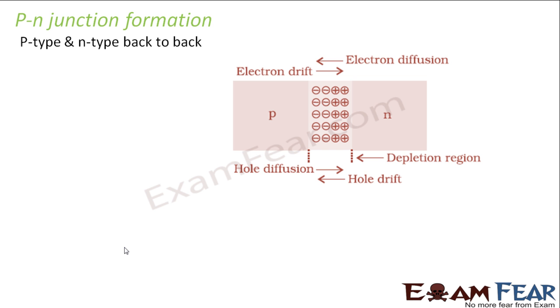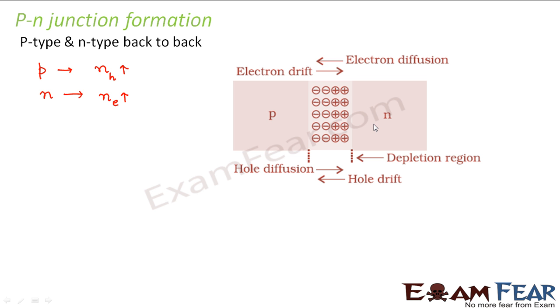Now what happens in this case? We know that in a P-type semiconductor, the number of holes is very high, whereas in an N-type semiconductor, the number of electrons is very high. That means in this region holes are too many, whereas in this region there are too many electrons.